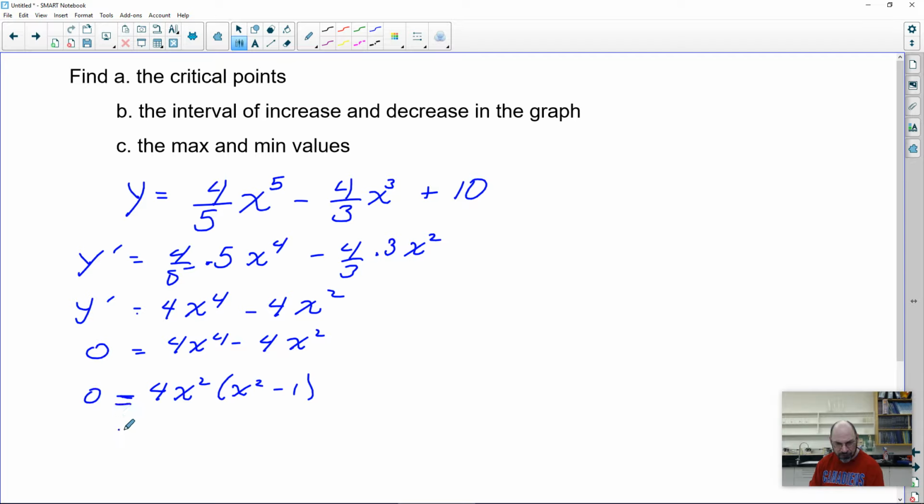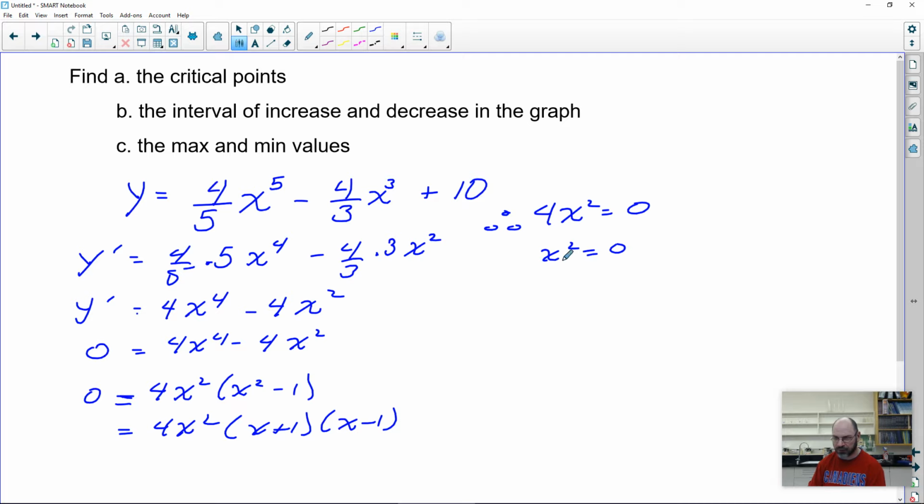So this factors out to 4x squared times x plus 1 times x minus 1. So our critical points then, therefore, are 4x squared equals 0. So that would mean if we take the 4 over, x squared equals 0. And if we take the root of 0, it's still 0. So x is equal to 0.